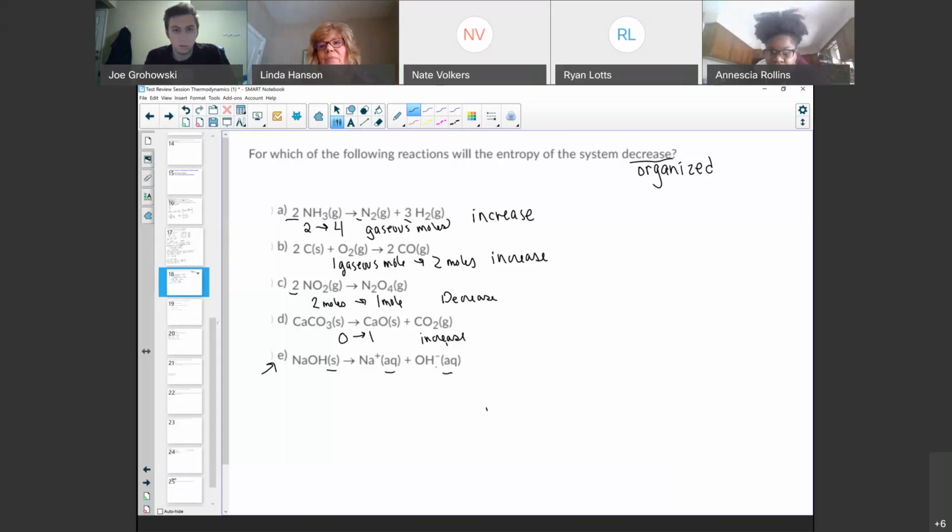Just think of ordinary table salt. When you pour it into water and stir it up and it breaks apart and forms its electrolytes, you have 1 particle going on to form 2 particles. The process of making a solution is more disorganized, and therefore that's an increase in entropy.